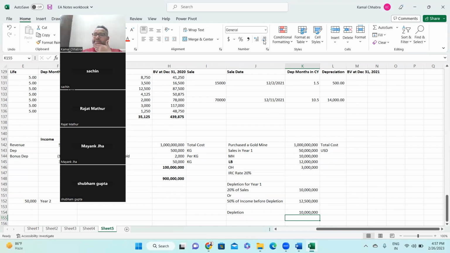Now let's assume the sales in year 2. This is year 1, and this is year 2.